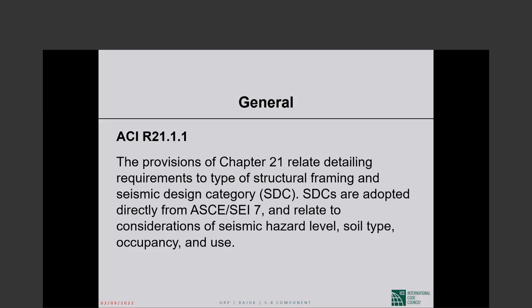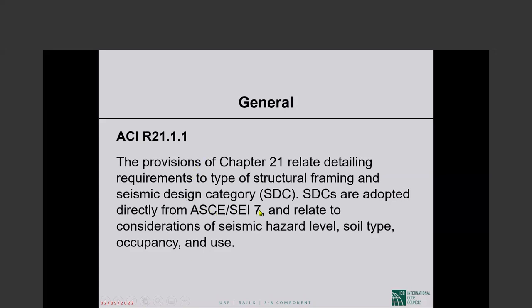Seismic design categories are adopted directly from ASCE 7 and relate to considerations of seismic hazard level, soil type, occupancy, and use. All of that has been said before, but this is stated in the commentary upfront.